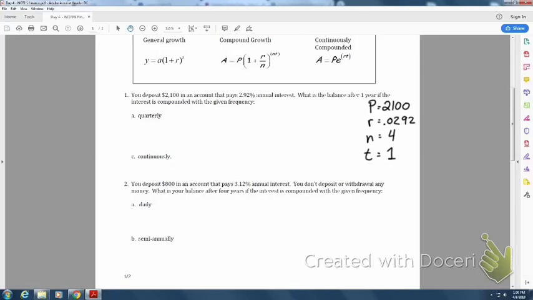So once you identify all those, in my mind, that's the hard part. Now you're just going to plug it into the formula. On A, it's saying that it is being compounded quarterly, so I'm going to just plug all of those into that equation.